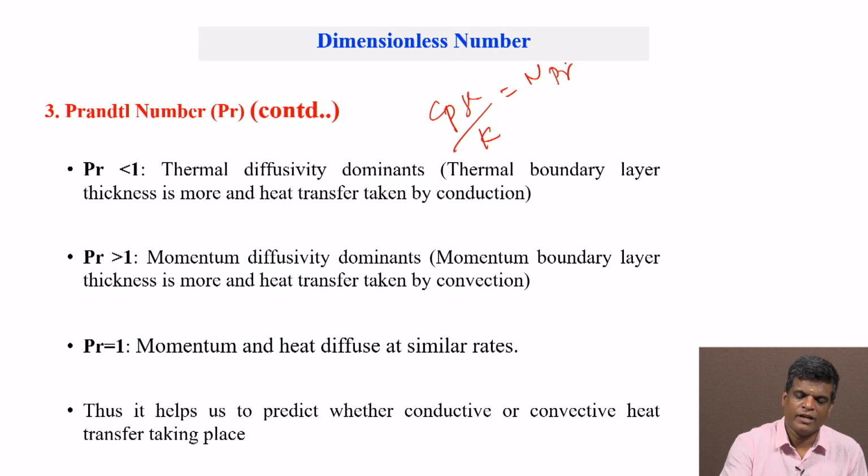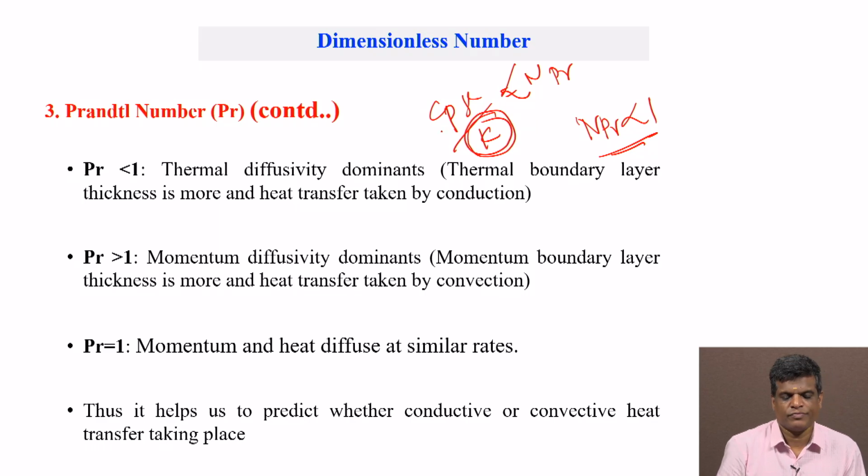If the Prandtl number is less than 1, the thermal diffusivity will dominate, because here there are two types of diffusivity: momentum diffusivity and thermal diffusivity. If it is less than 1, momentum diffusivity is less than thermal diffusivity, so thermal diffusivity dominates.